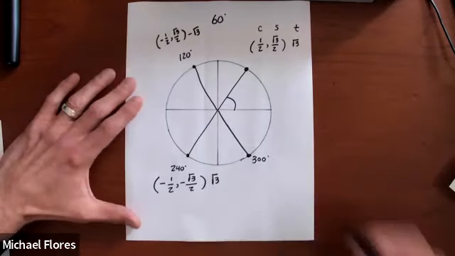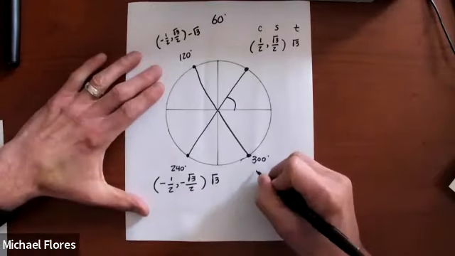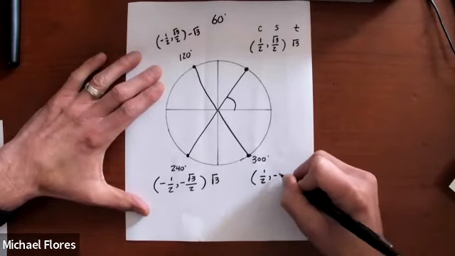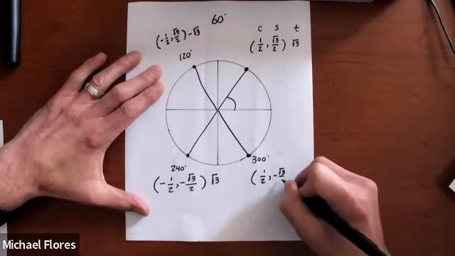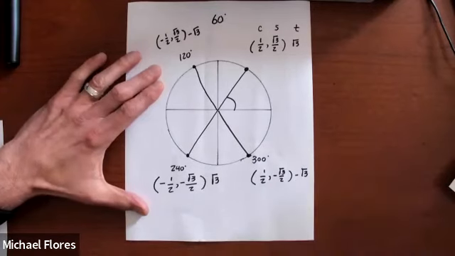And then we have 300 degrees. A 300-degree rotation from the positive x-axis is going to create your final reference angle of 60 degrees. And its coordinates are those right there.